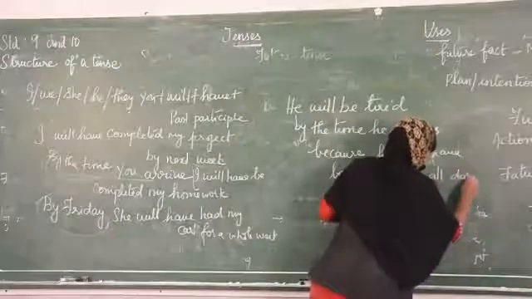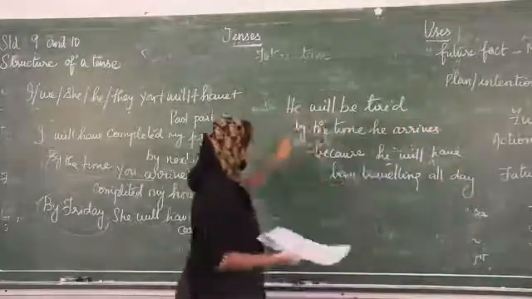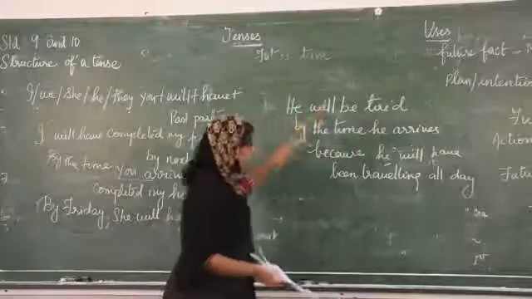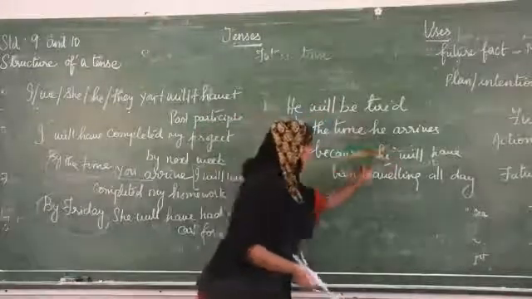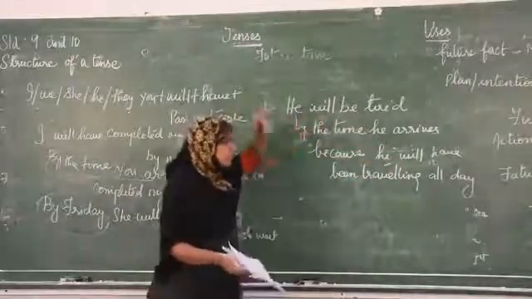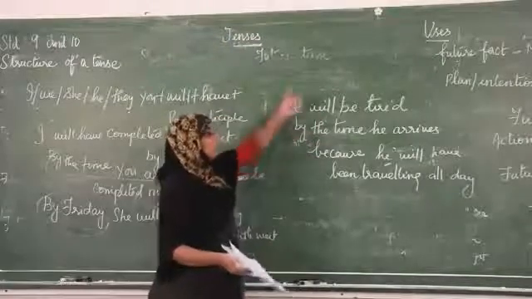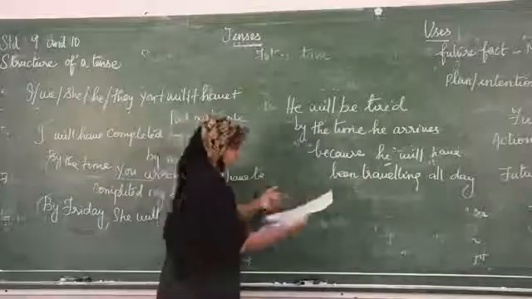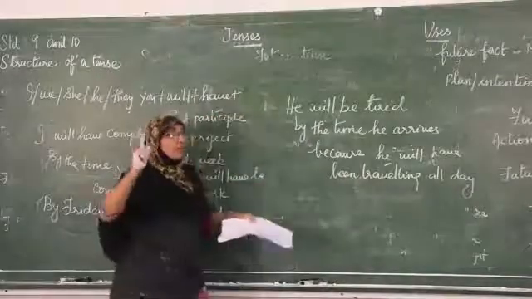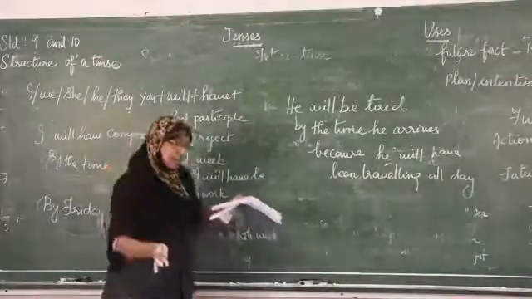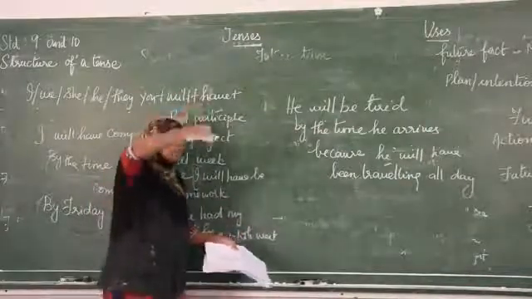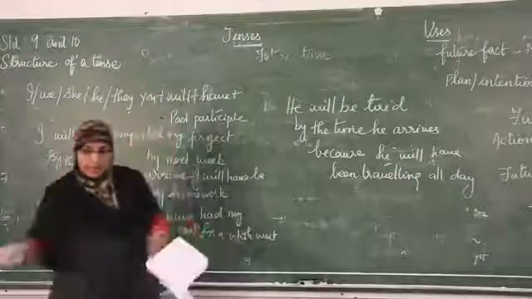So it refers to an action that is the cause for something in the future. Why will he be tired? Because he will have been traveling all the day. That's why he would be tired here. And one more thing, duration of time. She will have been working for 10 years by the time I return. That means when you return, she will have been working for 10 years now.